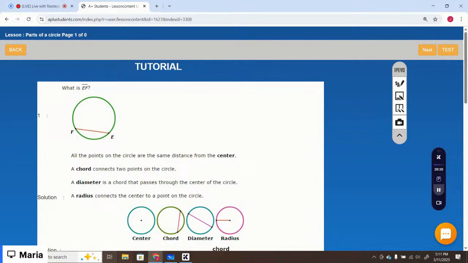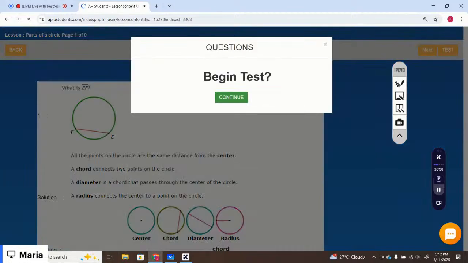So EF is the line that is not passing through the center of the circle, but that connects the circle at the 2 points. So that is the chord. Let's just start with the test questions.